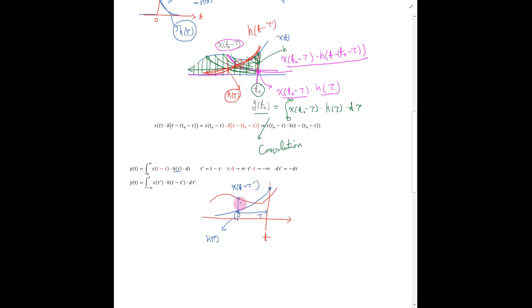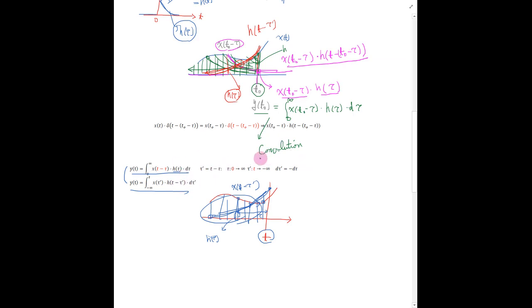So the reversed impulse response is a scale factor. If it is far before the input, the scale factor is very small, but near the input, the scale factor is higher. The scale factor decreases in that way. So summing all the past history gives the output. You can think of convolution as having two different expressions. In the earlier statement, I said that convolution can be expressed this way.